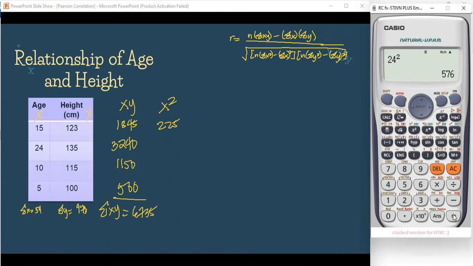So that is 576. So si 10 naman po, raised to 2, that is 100. 5 raised to 2, or 5 times 5, that is 25.